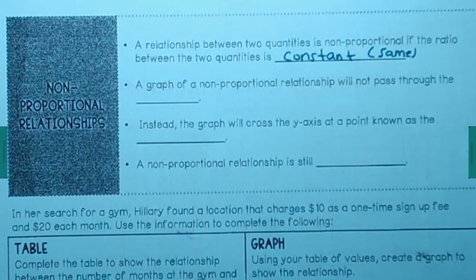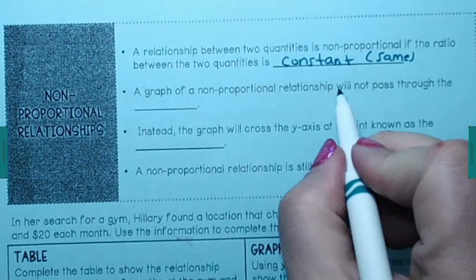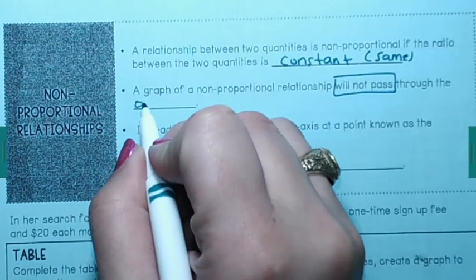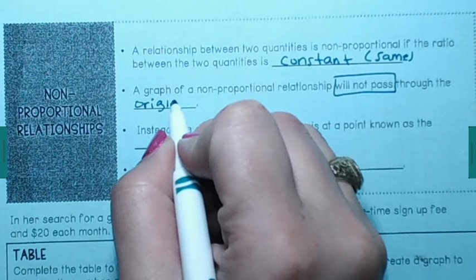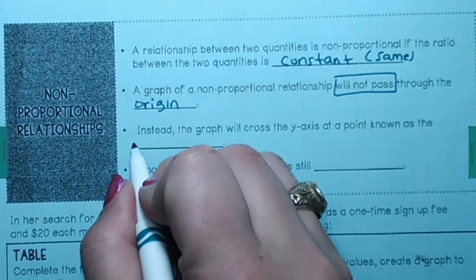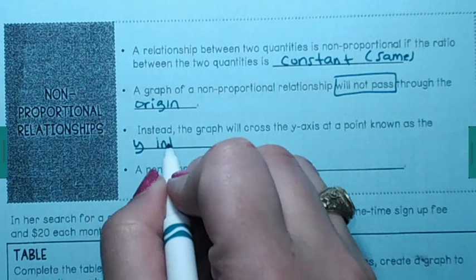A graph will not pass through the what? Origin. Okay. If it does not pass through the origin, it is non-proportional. If it's non-proportional, it does not pass through the origin. Okay. Instead, it's going to cross at a point called the y-intercept.